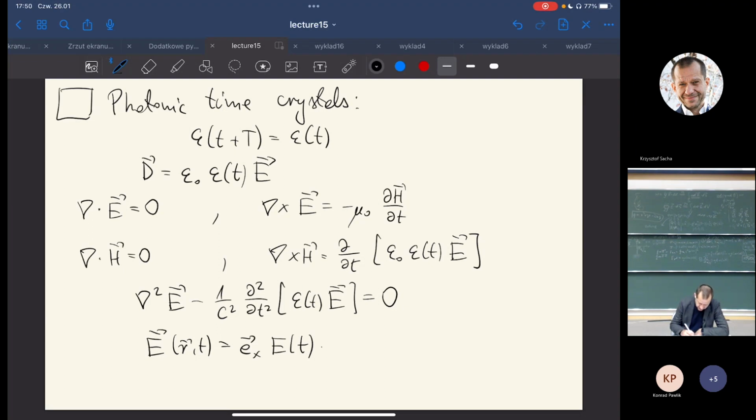So that means that we can look for the solution in the form of the harmonic function in space. So when we substitute this solution into the above equation, then we obtain the following final equation.